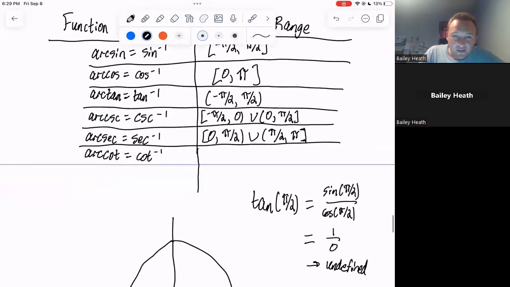And maybe I'll do the same thing here for arc cotangent. That one is going to have the same range as arc cosecant or cosecant inverse, however you want to say it. You should definitely be familiar with both.